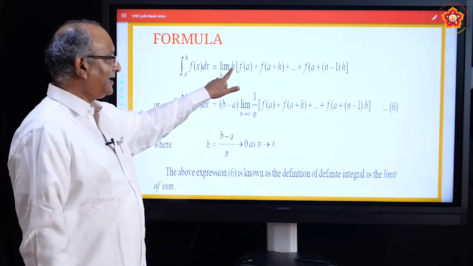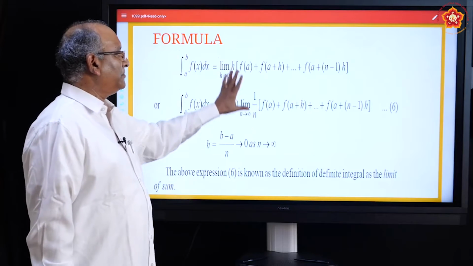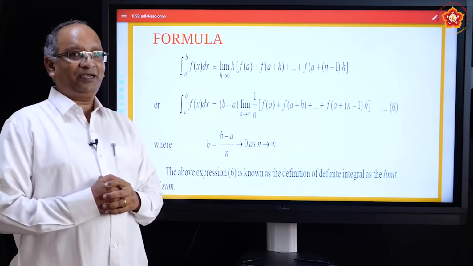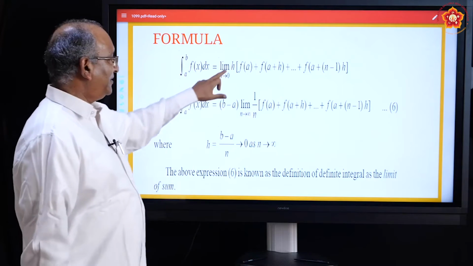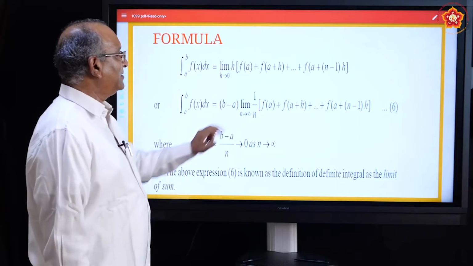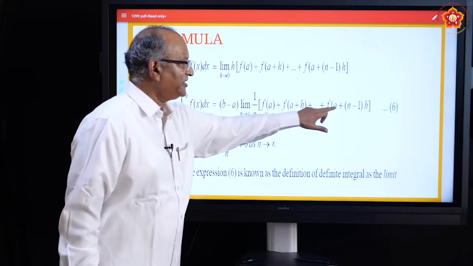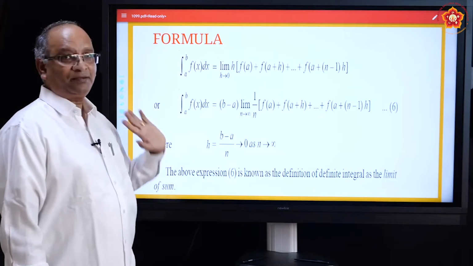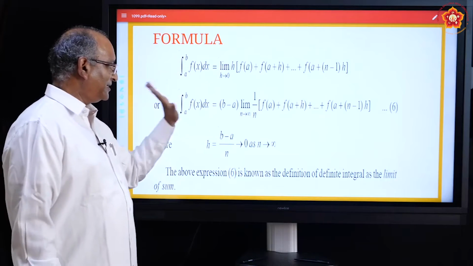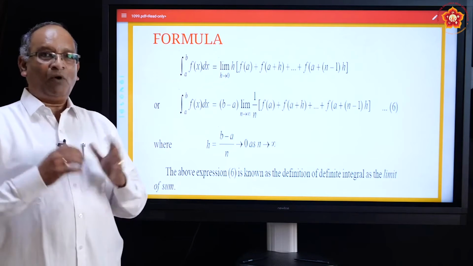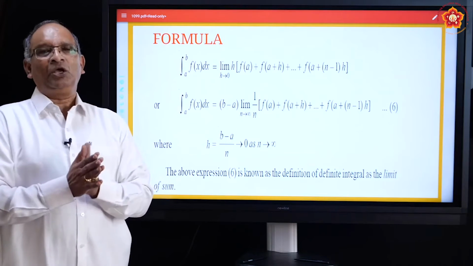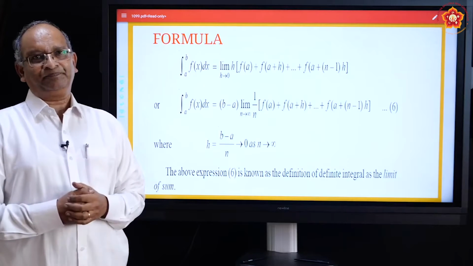So either you can write it like that, or like this, but remember, both are one and the same. How are both one and the same? Just observe. Here we have f(a), here we have f(a), here we have f(a plus h). So everything is the same. The formula can be written in this way, or in this particular manner. What is important to note is that just by adding all this, you get the required area.